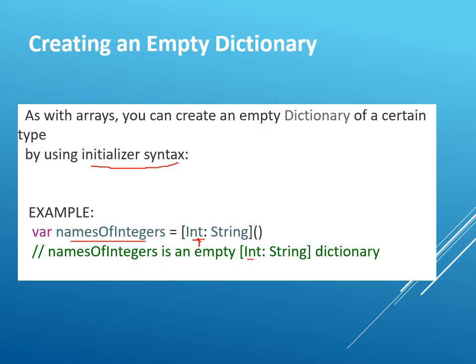What does that Int mean? This Int is the key, meaning the key should be an integer, and here you can write your item. So this Int will be your key and the String will be your item. In this way you can create or initialize a dictionary.